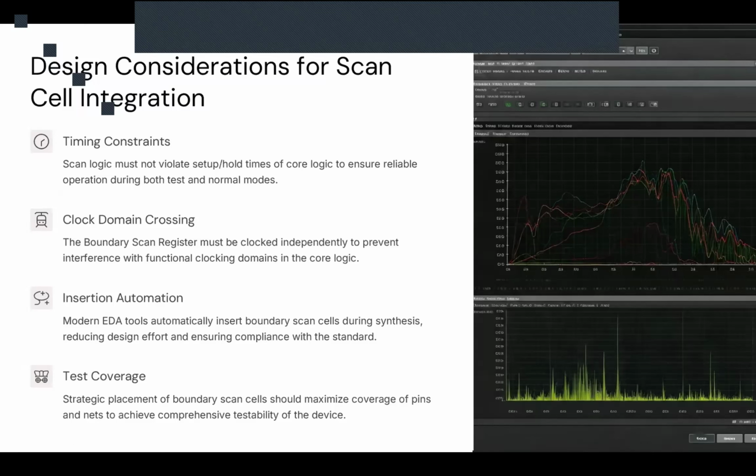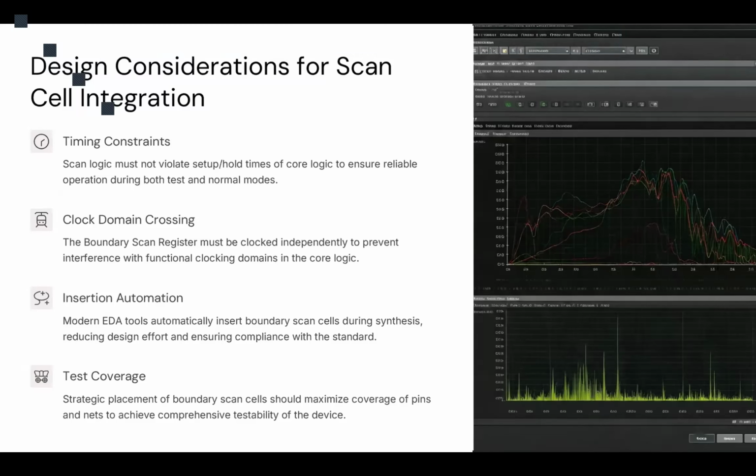Now, this also relates to the next constraint, clock domain crossing. When we have multi-clock systems, individual boundary scan registers should be partitioned or gated, so we have a domain-specific constraint.